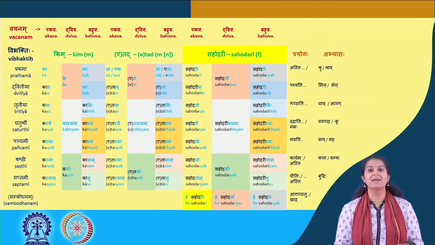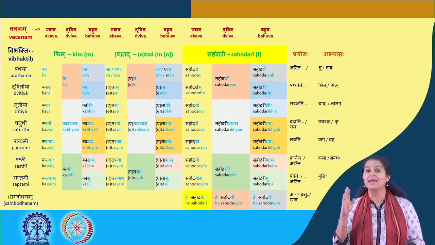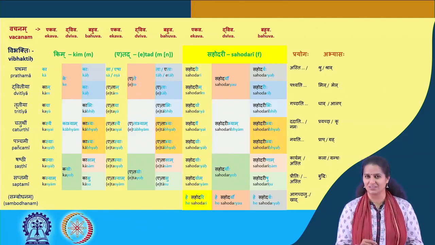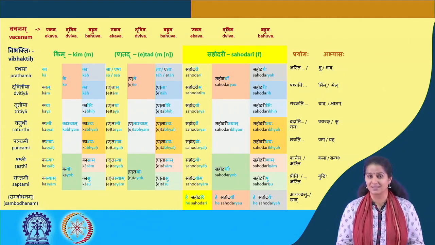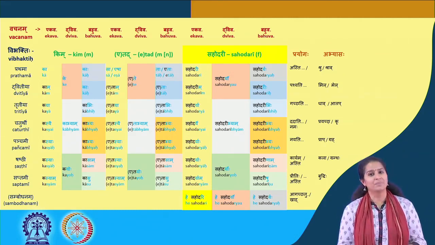If there are two of them, he sahodaryau shighram agachatam, and not agachatu. Alright, and the final one, he sahodaryah shighram agachantu. Uttamam.